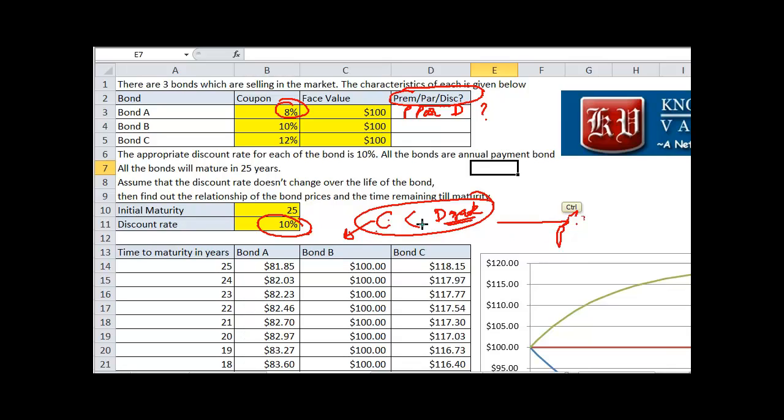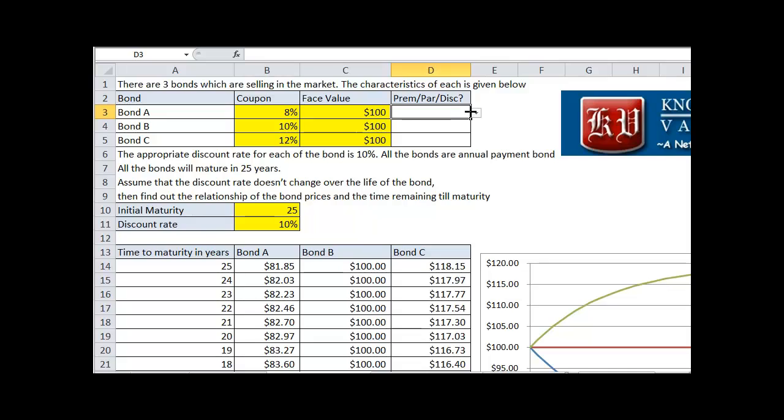So in this case the price should be lower, so this bond should be a discount bond. And whenever the coupon is equal to the discount rate, the bond is a par bond. And when the coupon is more than the discount rate, because the bond is giving you more money, you should be able to pay more to get this bond.